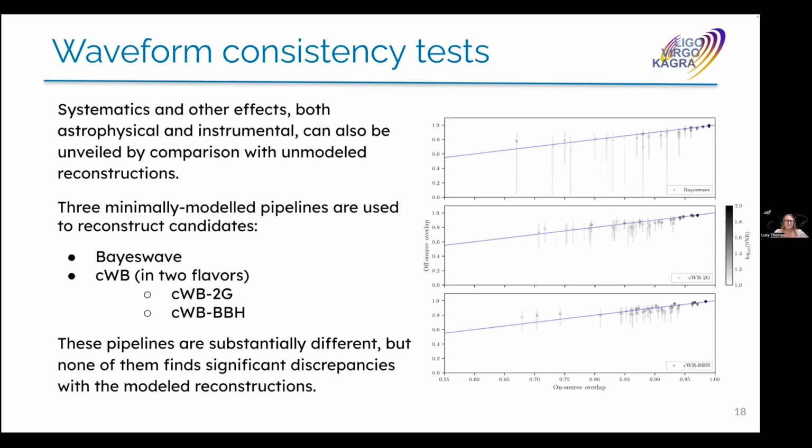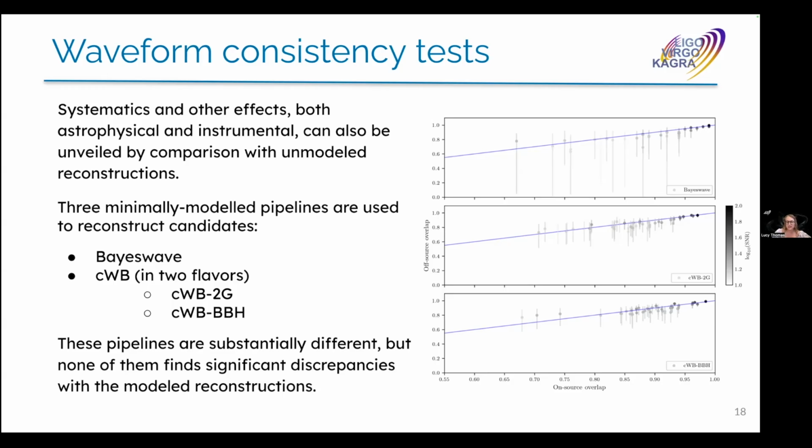Thanks. So systematics and other events that can either be astrophysical or instrumental, we can also unveil these by comparing the modeled signals with unmodeled reconstructions. And to do this, we use 3 minimally modeled reconstruction pipelines to reconstruct a subset of the candidates that we see. We use BayesWave, and we use coherent WaveBurst in 2 different flavors: coherent WaveBurst 2G and coherent WaveBurst BBH.